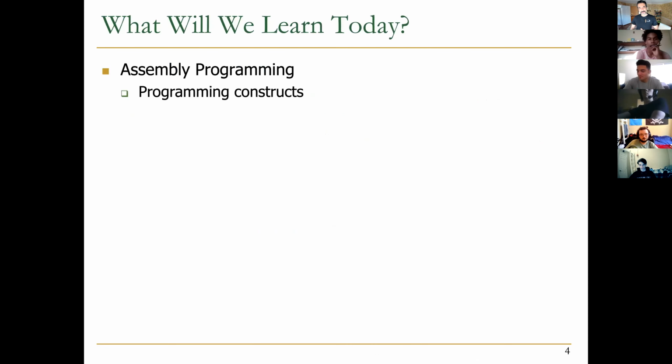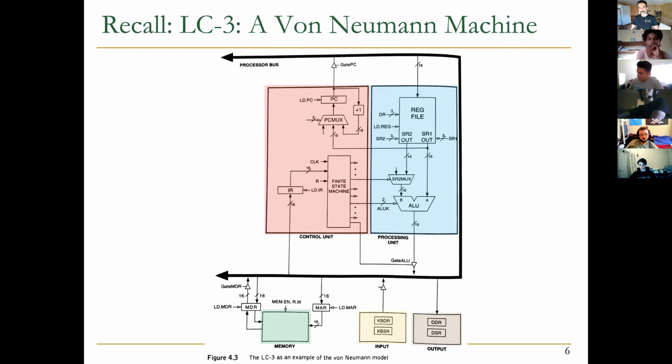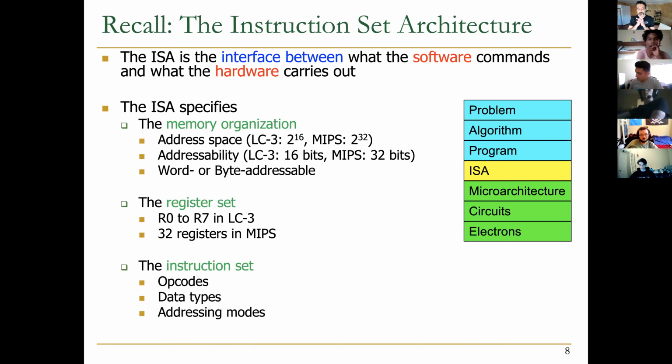If you remember specifically, we started from a high-level description of the problem in a natural language format. This is what we call the specification of the problem, right? And then we moved down the stack.